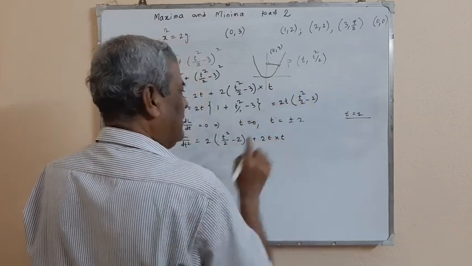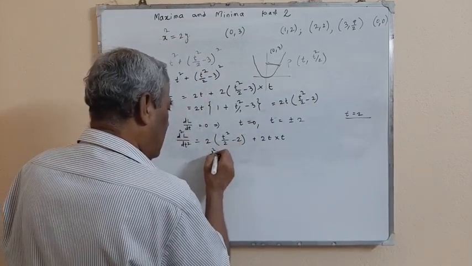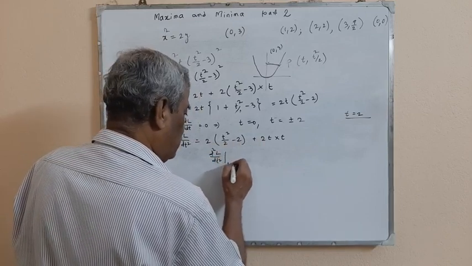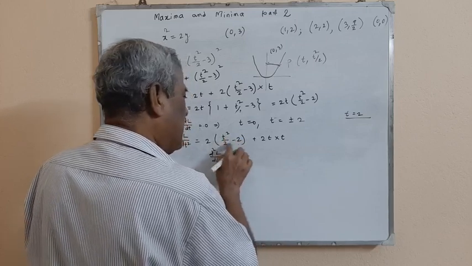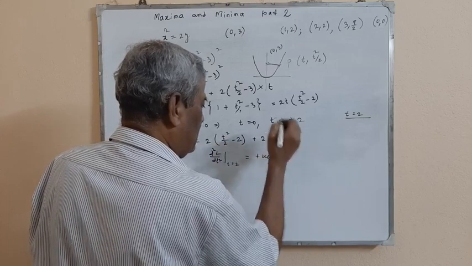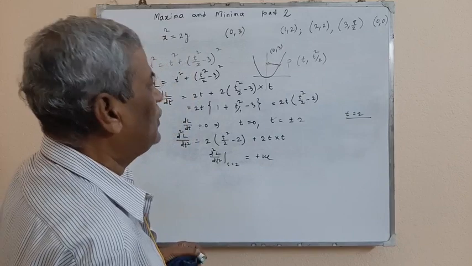So at the point t is equal to 2, d2L/dt2 is positive, so the distance is minimum at the point t is equal to 2.